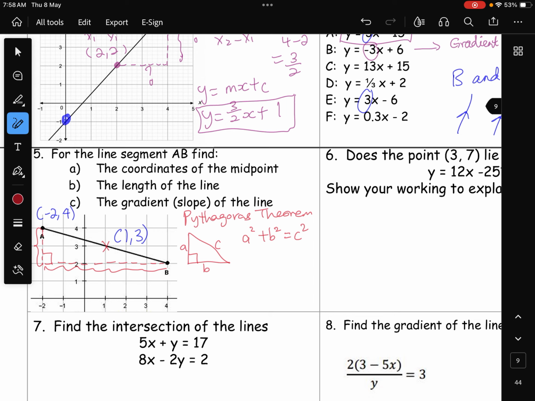So I'm going to use the same concept here. Okay, let me just erase this. I don't need the midpoint anymore.